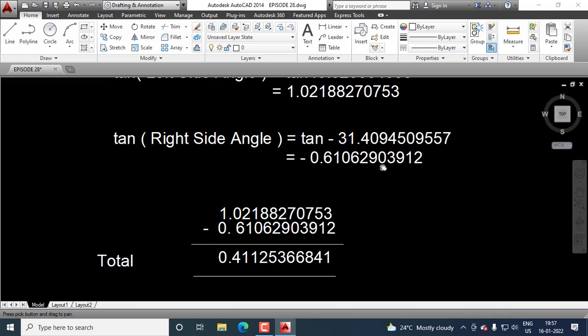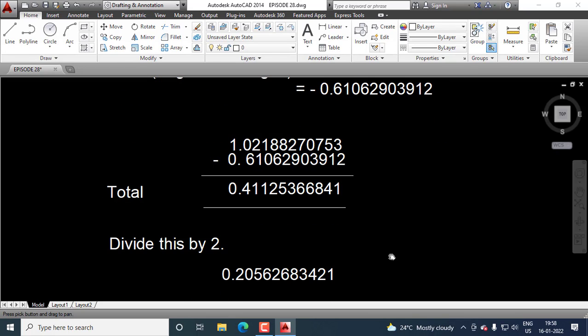We add these two figures, this figure and this figure. After addition, we get 0.411253666841. There is no unit for this number, it's simply a number.